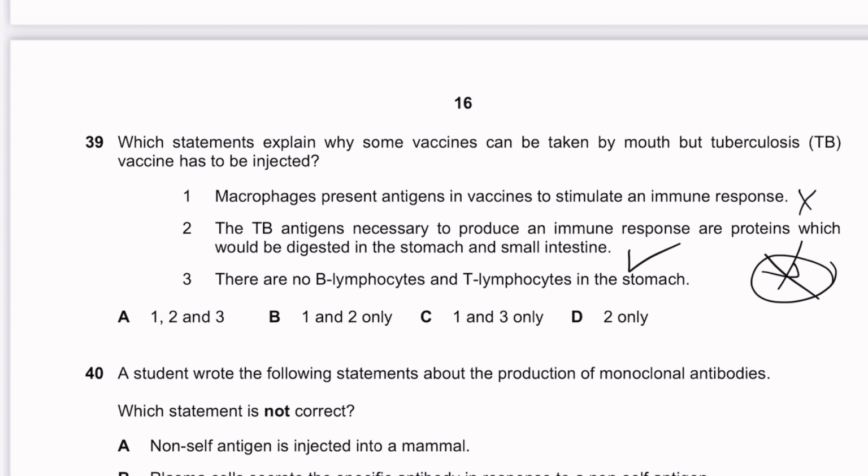However, what we do know is that some immune antibodies can enter, however difficult it is, into the stomach and the mouth, and that's why, despite some people having cholera, the vaccine is somehow 50% effective, right? Some antibodies at least manage to reach the small intestine and the stomach, despite the huge antigenic concealment, and that's why this is not a reason why it must not be taken in by mouth. Okay, so that's wrong. So the answer here is D.